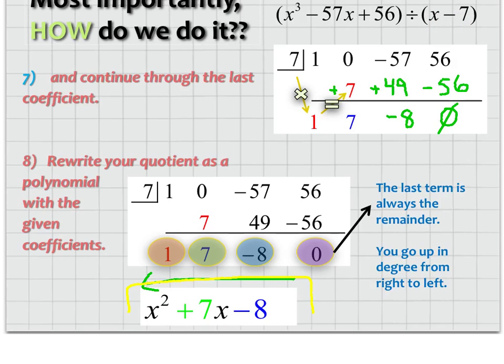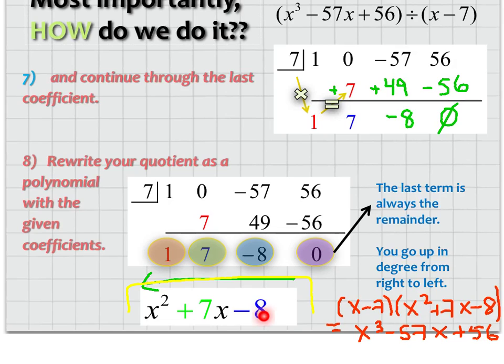Since I have no remainder, if I were to multiply x minus 7 times x squared plus 7x minus 8, I would get what I originally started with, my original dividend, x cubed minus 57x plus 56. Okay? Now, since I had no remainder, that means that x squared plus 7x minus 8 and x minus 7 are factors of our original dividend.